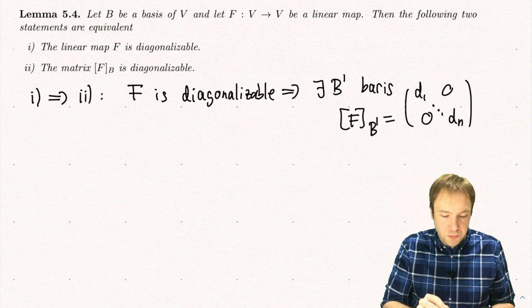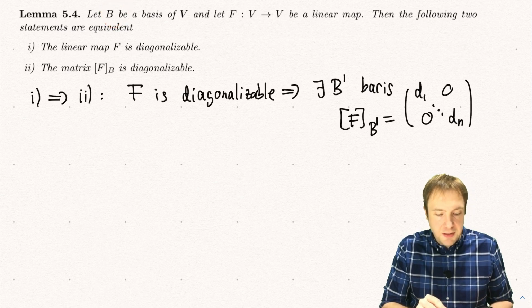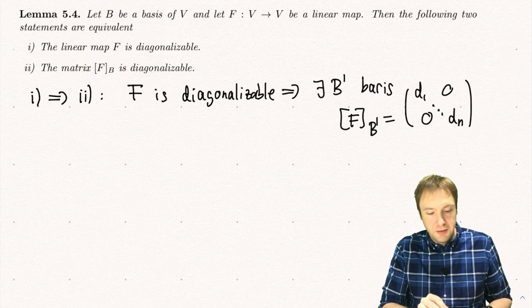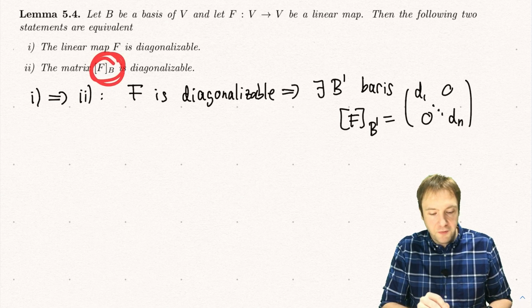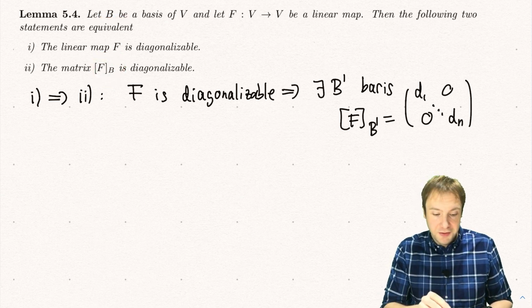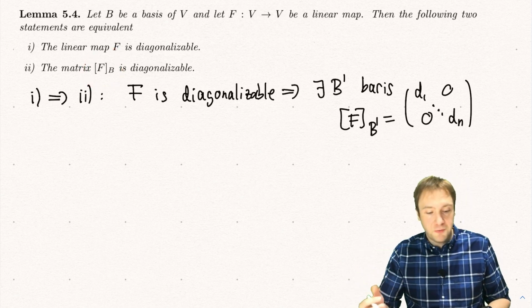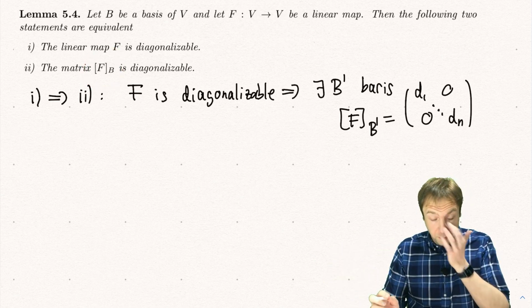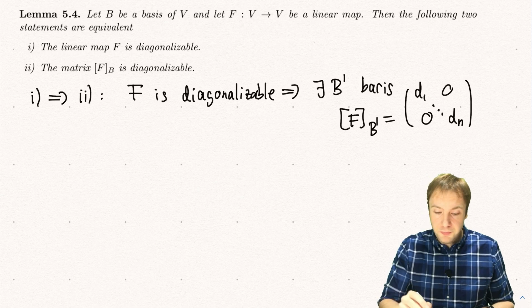And now we want to show why for this fixed basis B, the matrix of F with respect to this basis, we can find a matrix S such that if we multiply the inverse from the left and the matrix S from the right, this also has this form.